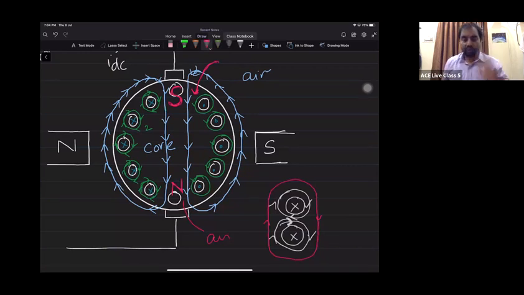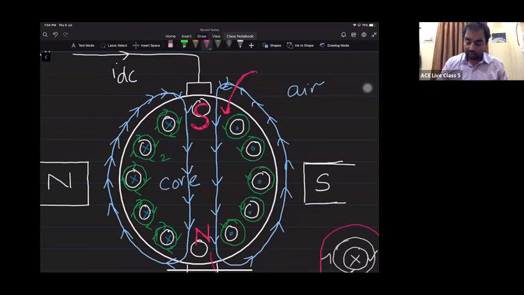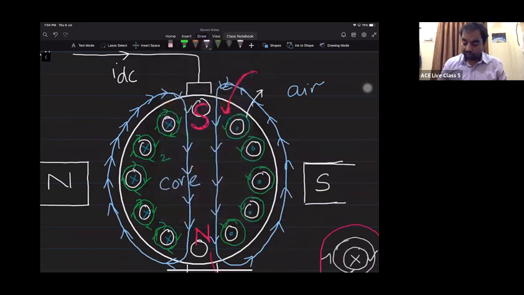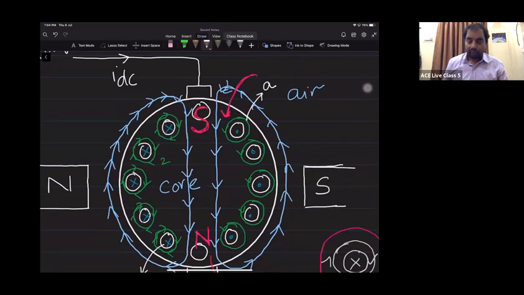Right. Now you please see. I consider one conductor here and I name it as A. And on the other side, I'll consider one more conductor and name it as B. Now assume that this armature is rotating.